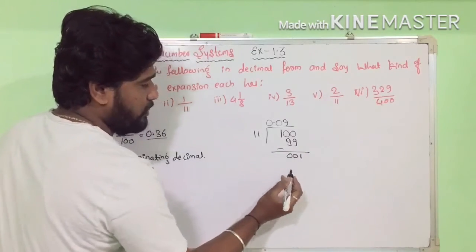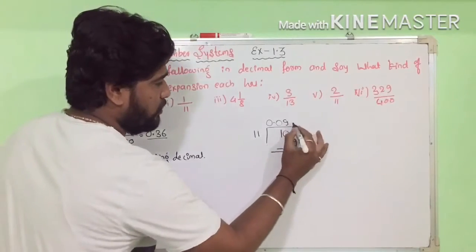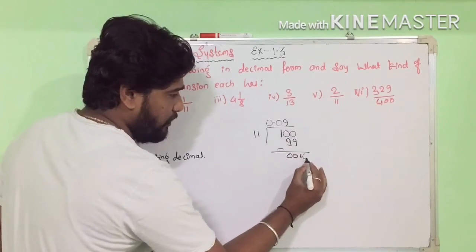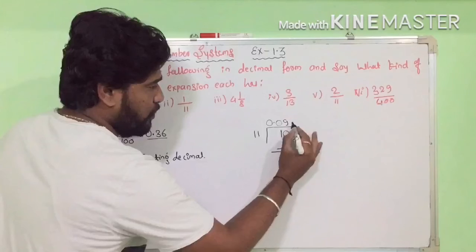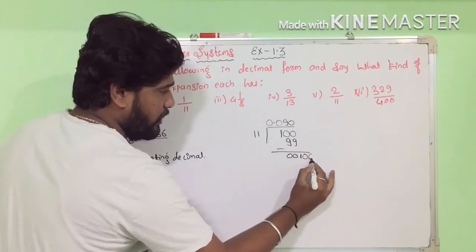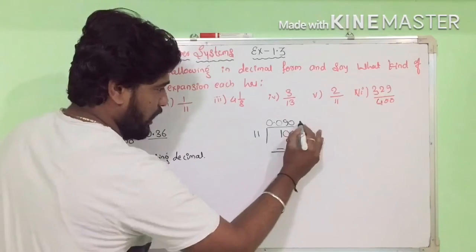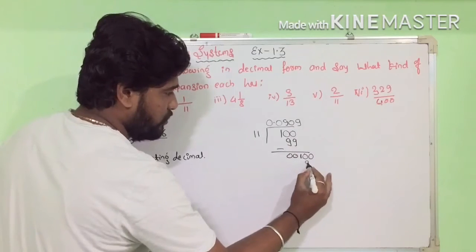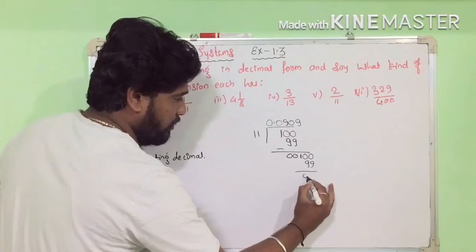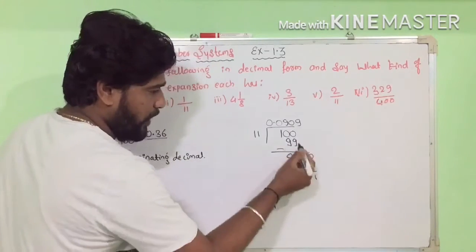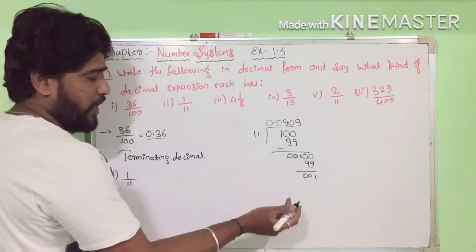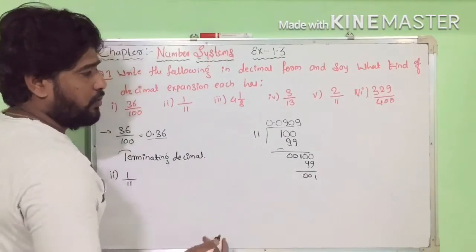Now 1 is also smaller, so the point is there, take 1 0. It is also smaller, give another 0 and it becomes 100. 11 nines are 99, so here we have got 1 again. It will continue like that only. The remainder is not equal to 0, right?